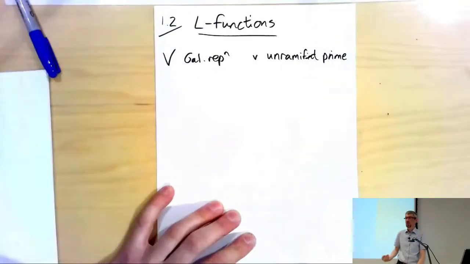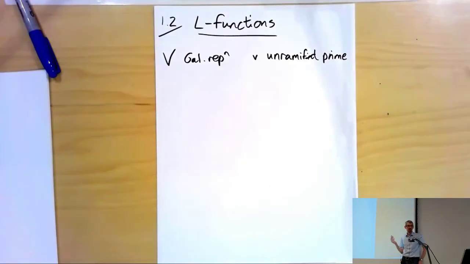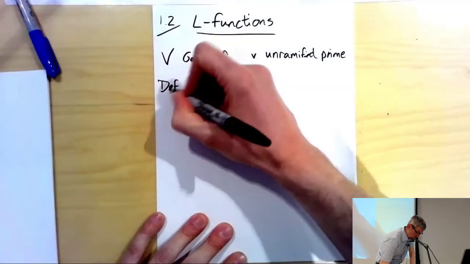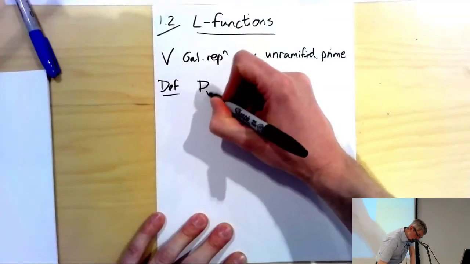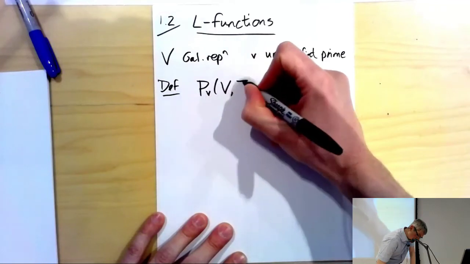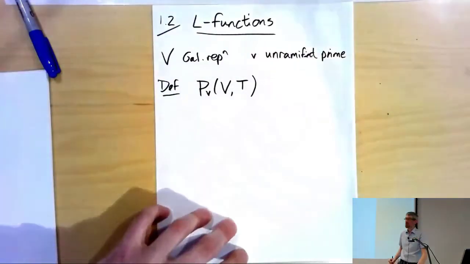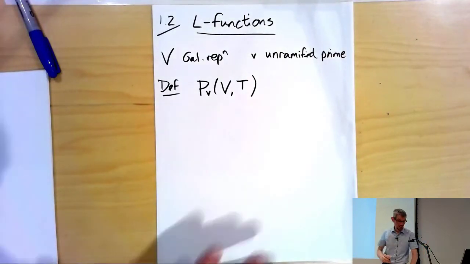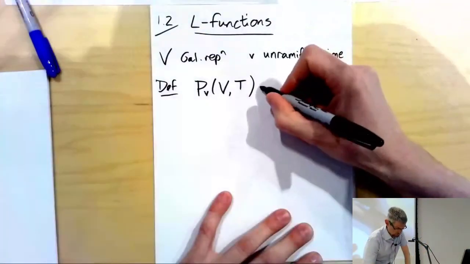So v is an unramified prime for big V, so that is a place where the inertia at v acts trivially. So I'm going to define a polynomial. So T is just a formal variable. This is called the local Euler factor of V at the place v.